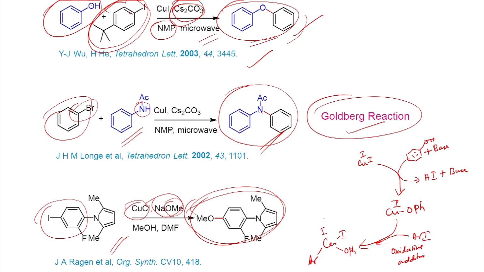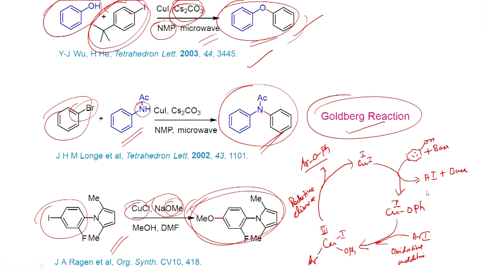Once we have this one, this is copper(III), and it can give the product by reductive elimination. In this way you will be able to complete the catalytic cycle.